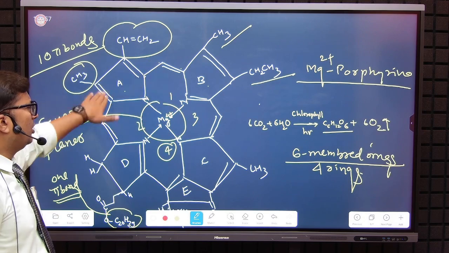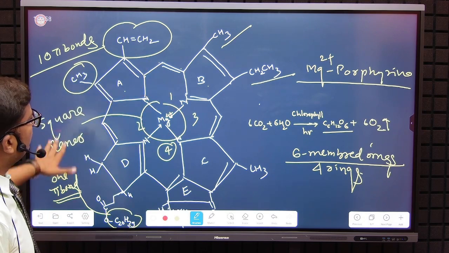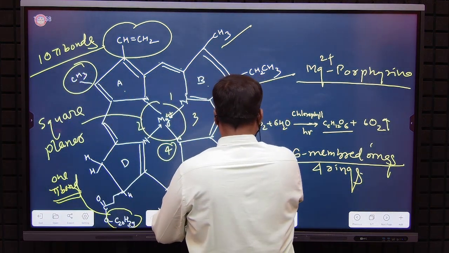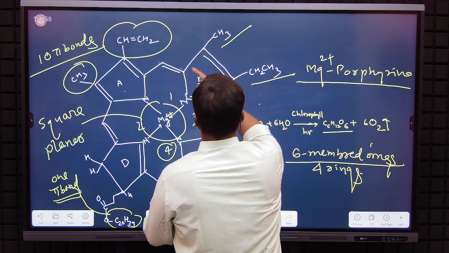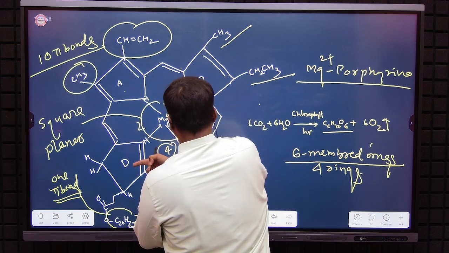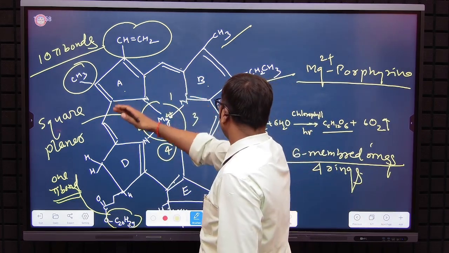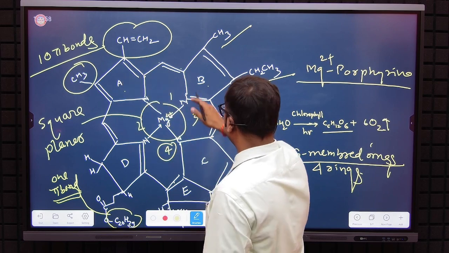In this particular structure there are 10 pi bonds. You can count also: 1, 2, 3, 4, 5, 6, 7, 8, 9, 10.